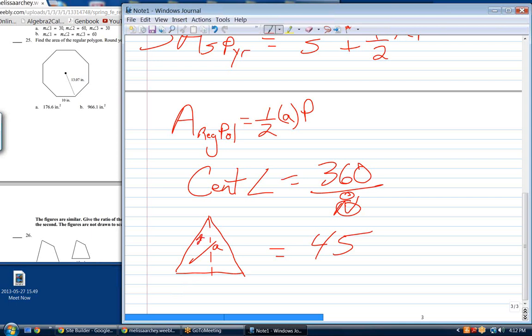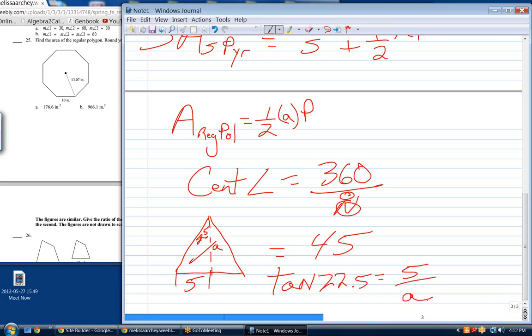So this is 22 and a half. What's this dimension right there? 5. Give me a trig function for solving for A. It'd be tangent again, so the tan of 22.5 equals 5 over A.